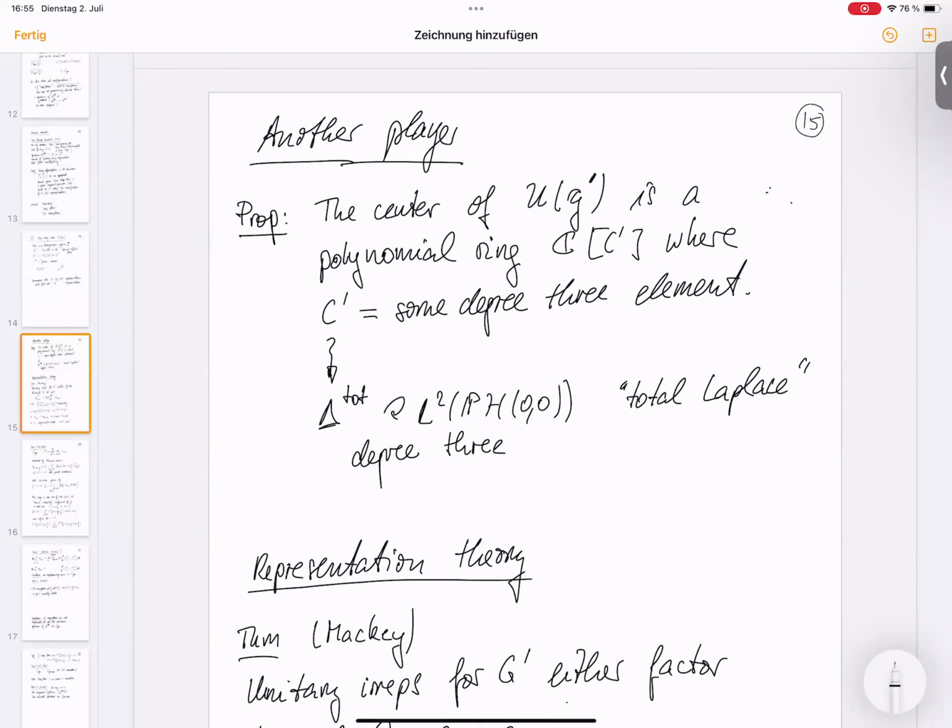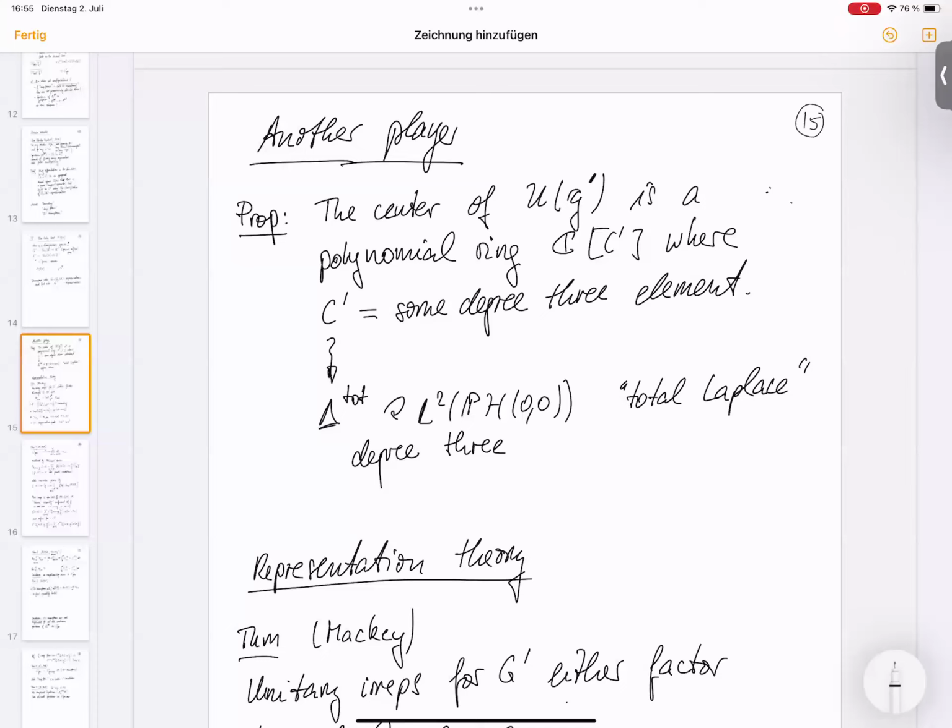In that case, I should mention another player which helps me classify that. Namely, C, recall, that was the Casimir of SL2R, which was acting on every stratum and on the modular surface. And although the group G prime is not a reductive group, the center of the universal enveloping algebra is very nice here as well.